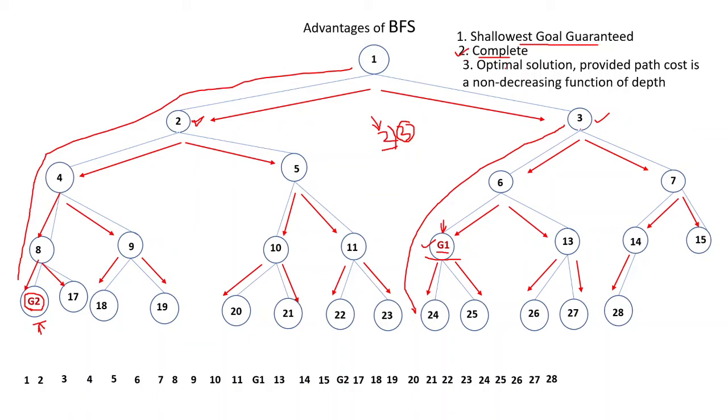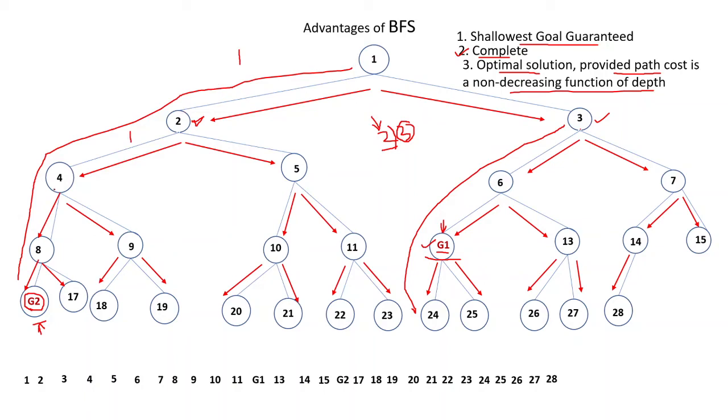The third point says that it always gives the optimal solution provided the path cost is a non-decreasing function of depth. Now what does that mean? Say the cost of moving from node 1 to node 2 is 1, that from node 2 to node 4 is 1.